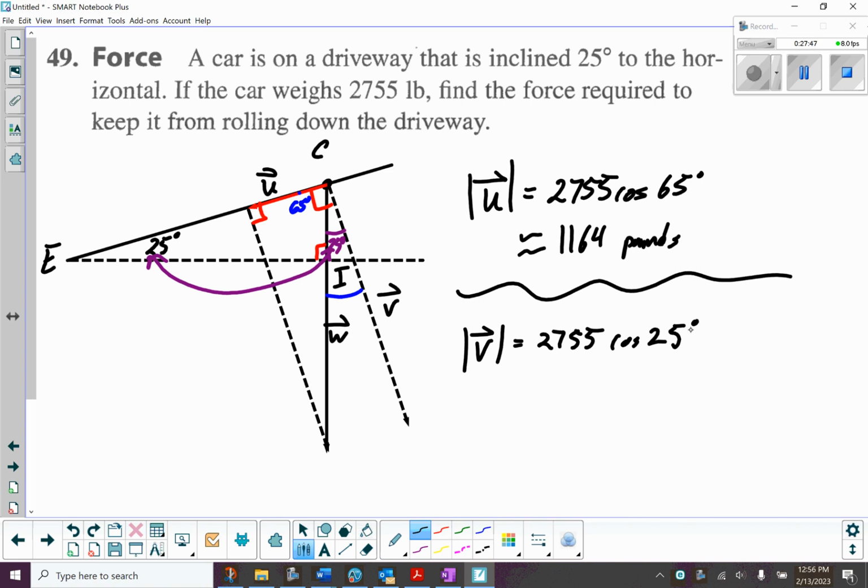You're going to take that weight vector, multiply it by the cosine of the complement to find that vector parallel to the driveway. And the weight vector times the cosine of the angle of incline, because that's the way geometry works.